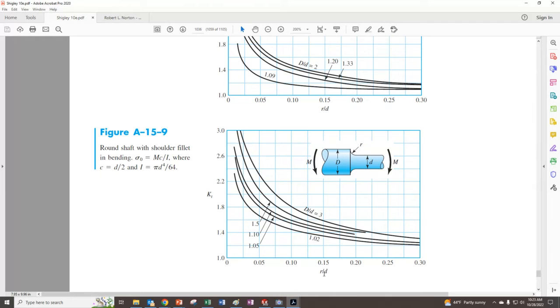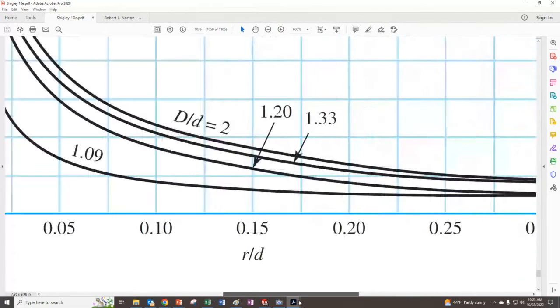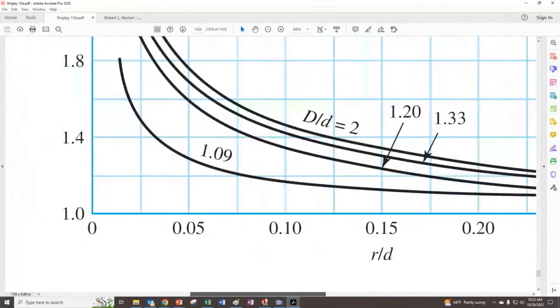So what we really need is an r over d. I decided that for our r over d, I picked 4 over 20. I think I can do that in my head, but I still pulled out my calculator. It should be 0.2, dummy. All right, so 0.2. We really want to be neurotic about this.